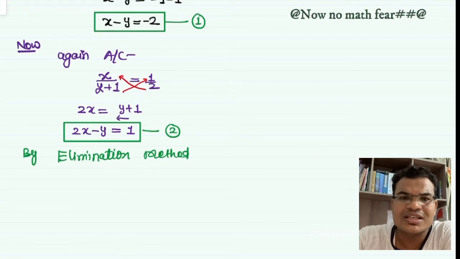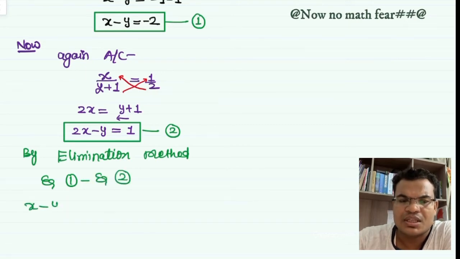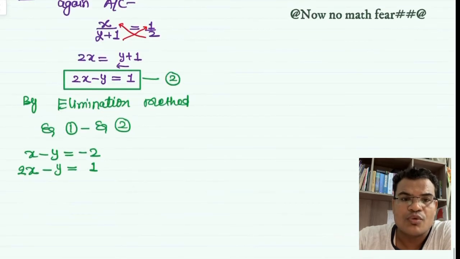In equation number 1, x minus y equals minus 2, the coefficients of x and y are both 1 and minus 1. The coefficients of y are equal here. So x minus y equals minus 2 and 2x minus y equals 1. We can subtract, as the coefficients of y are equal.